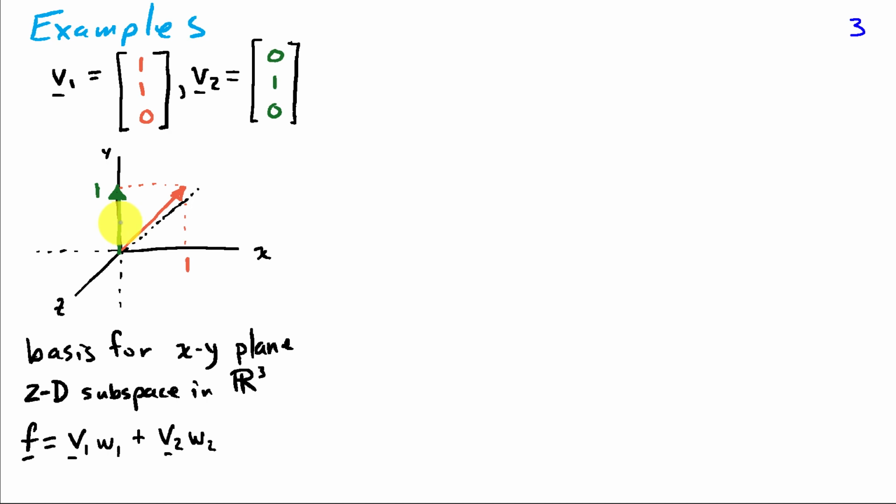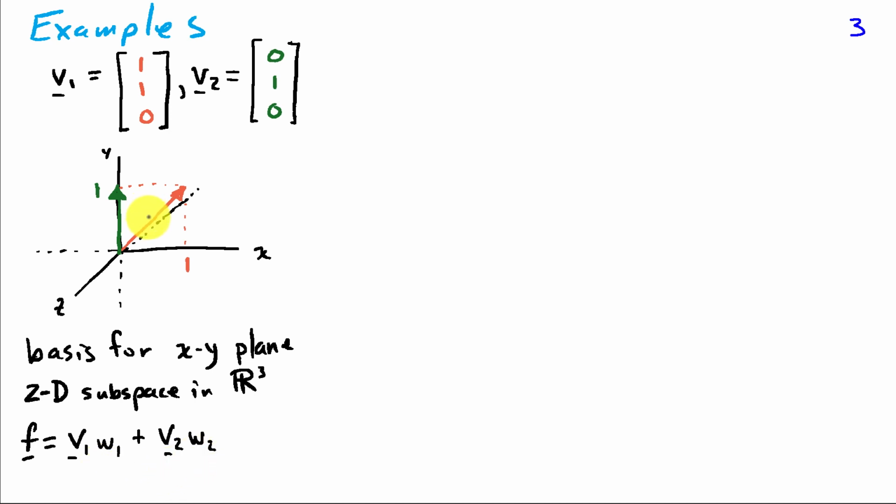I can take weighted combinations of these two vectors and get any point in the xy plane. So we would say that this is a two-dimensional basis for the xy plane. In other words, we have a two-dimensional subspace in three-dimensional space, and any point in that space can be expressed as v1 times w1 plus v2 times w2.